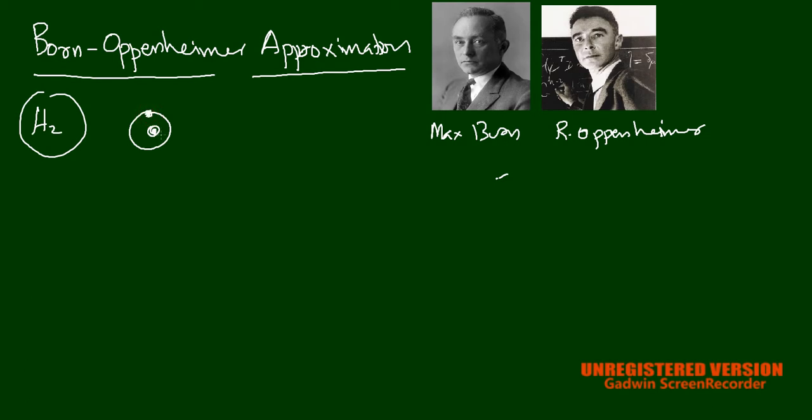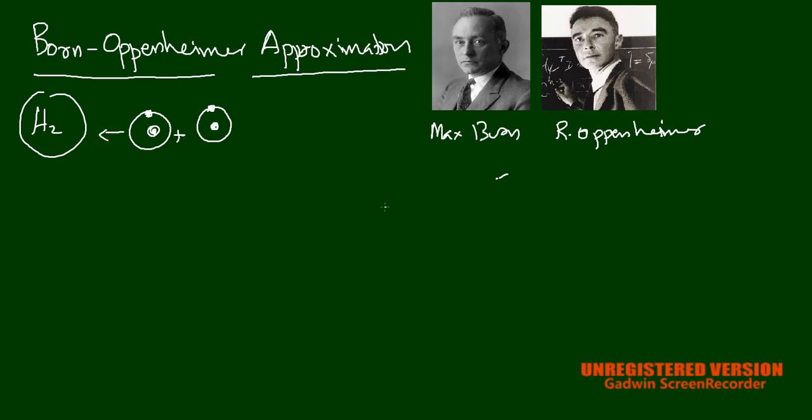The proton is the nucleus, and the electron is around the nucleus, and there are two hydrogen atoms like that. The second hydrogen atom also has a nucleus and an electron. Then these two hydrogen atoms combine to give the hydrogen molecule.